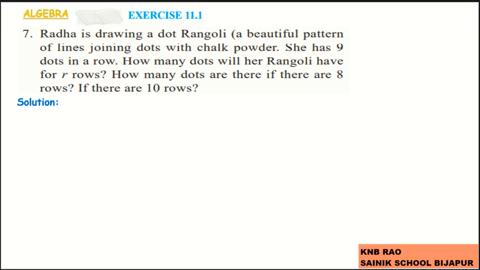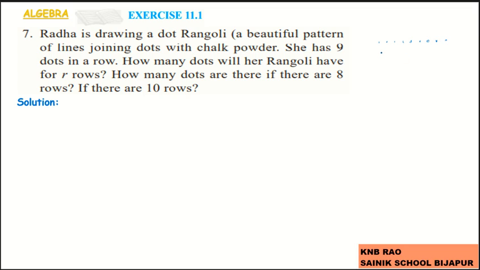Now coming to the main question number 7, Radha is drawing a dot rangoli, a beautiful pattern of lines joining dots with chalk powder. She has 9 dots in a row. How many dots will her rangoli have for R rows? So in each row she has 9 dots.